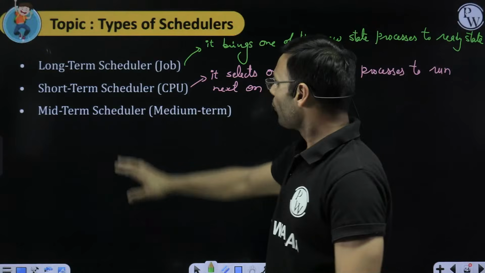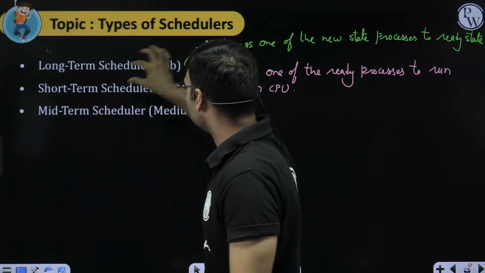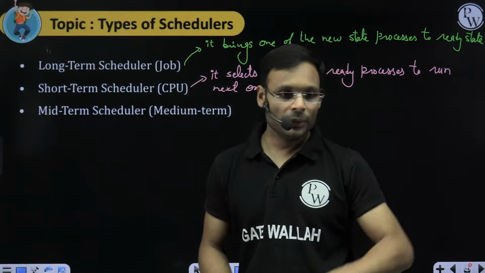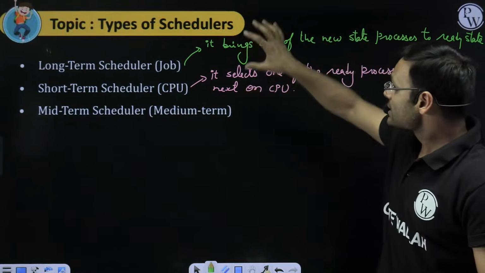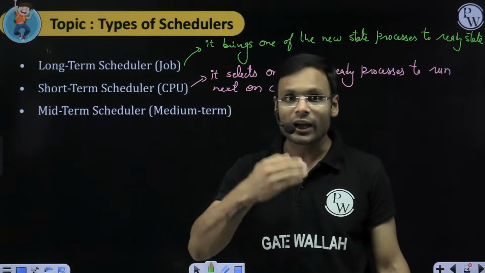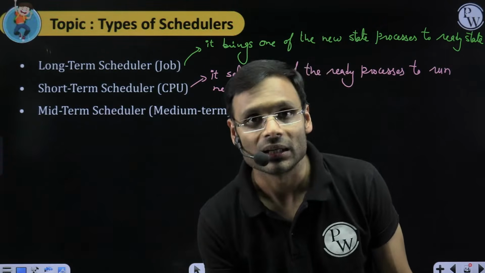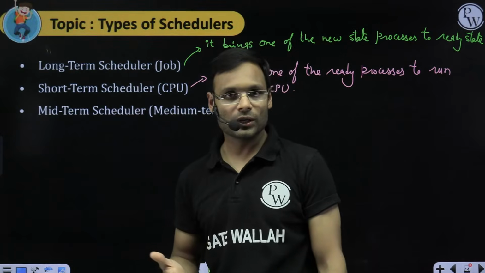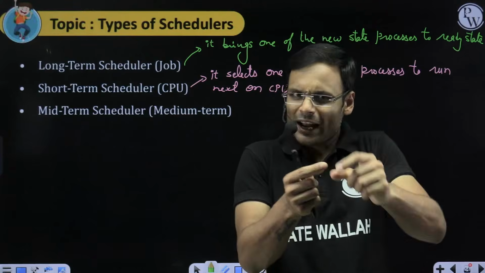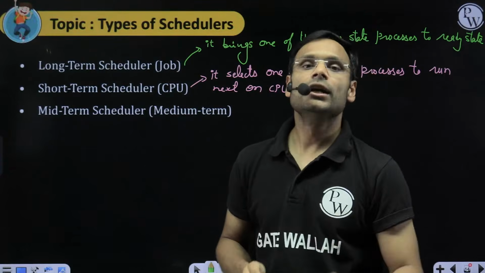Fine. But why these two terms, short-term scheduler and long-term scheduler? Based on the frequency of requirement. The long-term scheduler is required very infrequently, in the long term. That's why it is the long-term scheduler. The short-term scheduler is required quickly, very frequently.